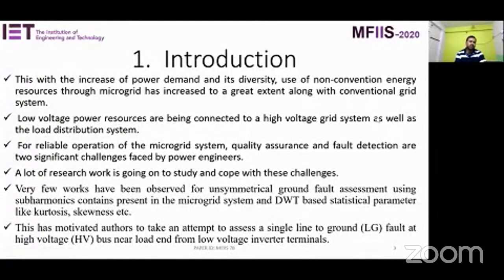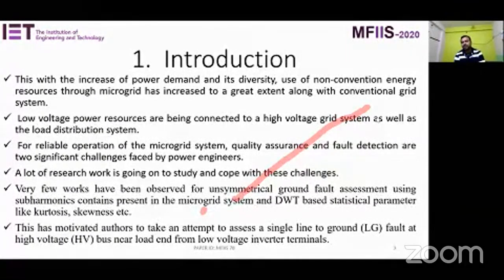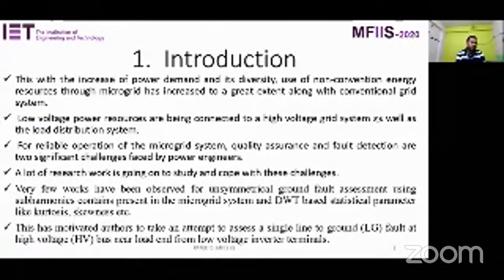Low voltage power resources are being connected to a high voltage grid system as well as the load distribution system. For reliable operation of the microgrid system, quality assurance and fault detection are two significant challenges faced by power engineers nowadays, and lots of research work is going on to study and cope with these challenges.